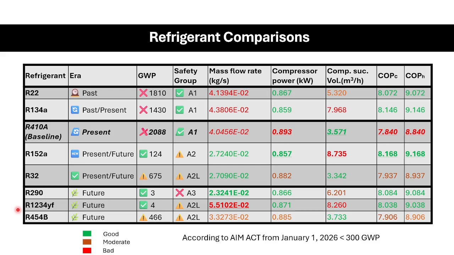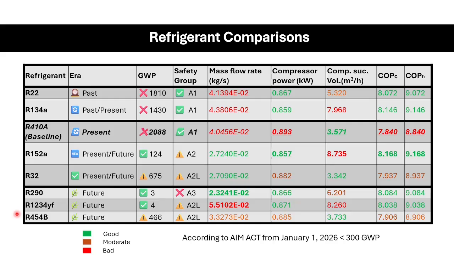R1234YF has an ultra low GWP value of 4 and it comes into A2L category ASHRAE safety group. It has the highest mass flow rate, 0.0551, and it has moderate power consumption. It also has high compressor volumetric flow rate but the COP values are good.